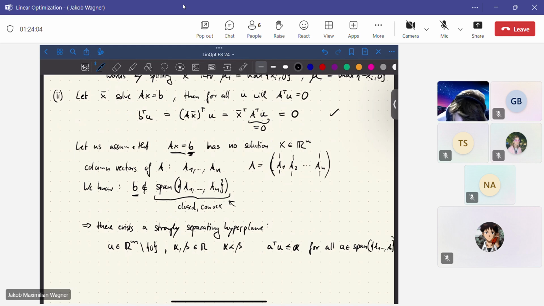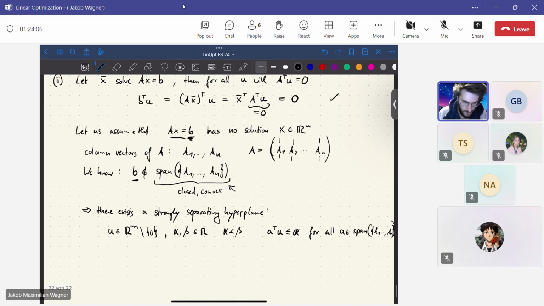And we have that the b satisfies that b transpose u is greater or equal than this constant beta.